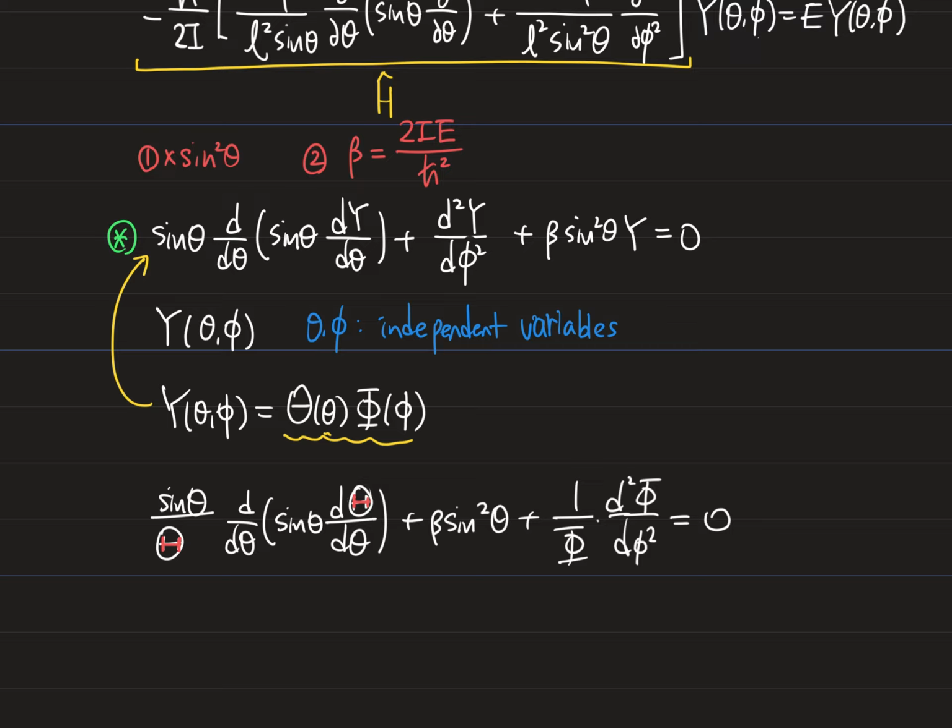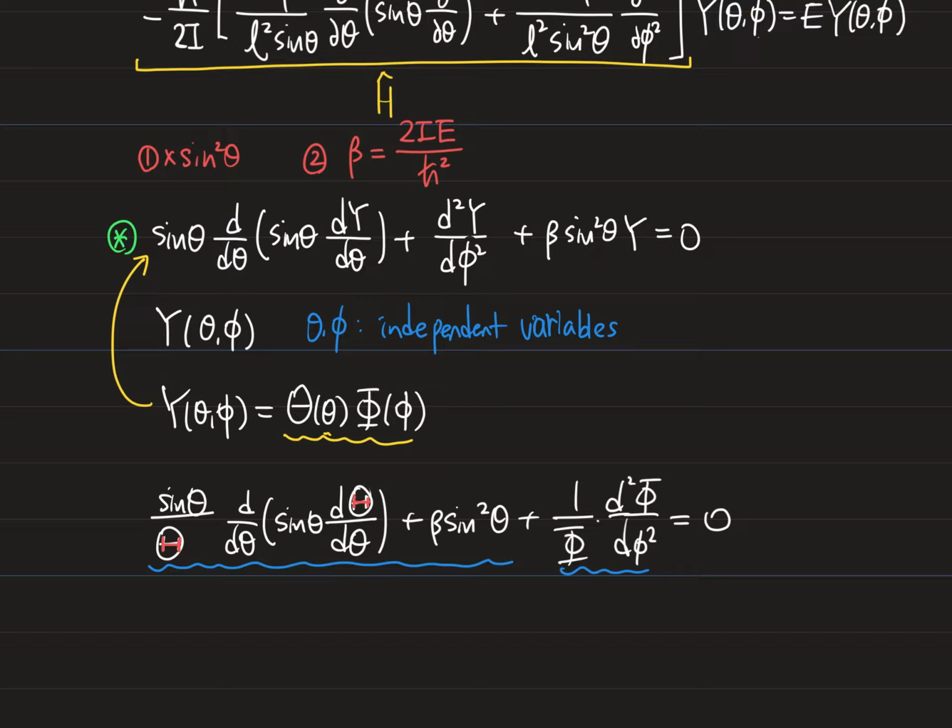So because theta and phi are independent variables, the only way is that these two terms are involved with theta, and the last term involves only phi. So if an equation involving two different independent variables is to be zero, that means that they should each be equal to some constant number, right?